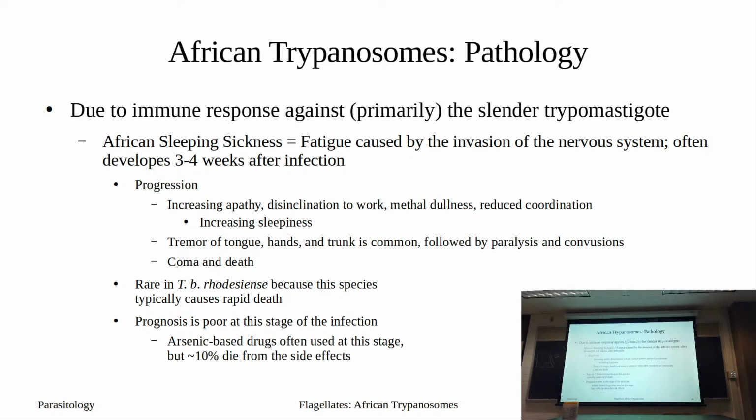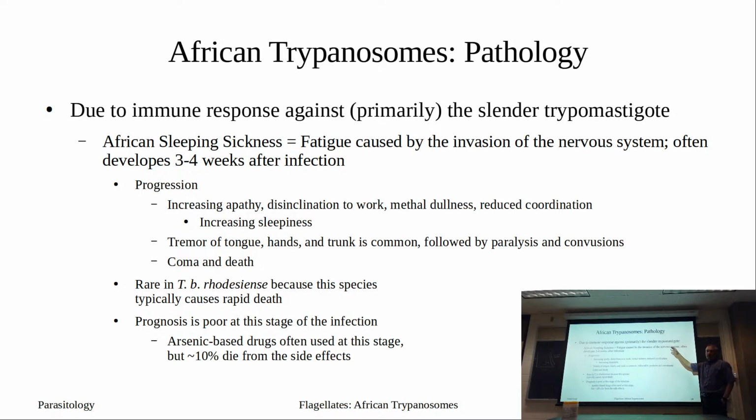It's our fly. So as we talk about adaptations, pathology could be an adaptation for successful transmission. You're right, this isn't just a rapid death. It slows you down, makes you lethargic and not moving, which makes you much more likely to get bitten by a tsetse fly and thus transmit.